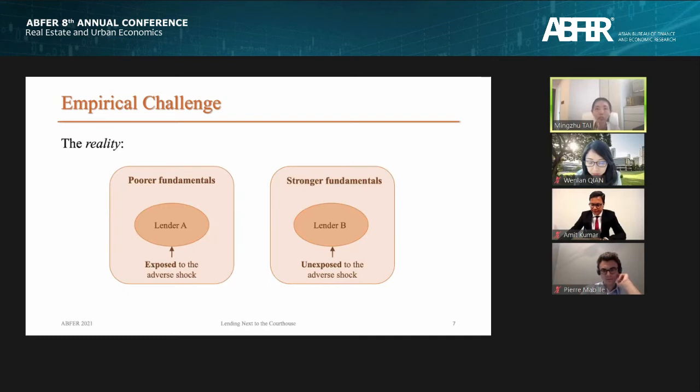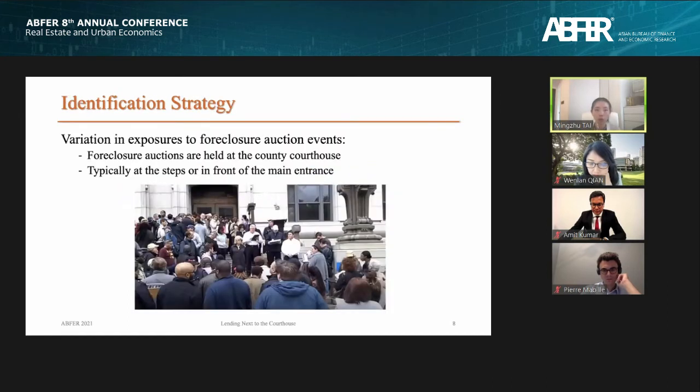So luckily, in our paper, we find a very unique setting in the US mortgage foreclosure procedure. Specifically, we noticed that whenever a household defaults on their mortgage debt and has to foreclose their home, all the foreclosure auctions within a county are usually held at the county courthouse.